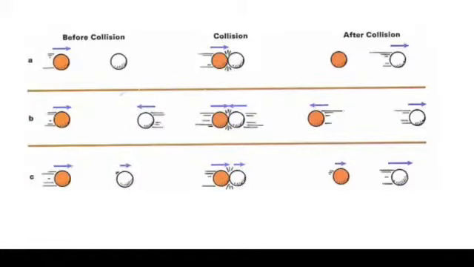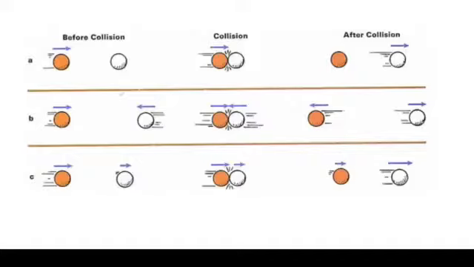In example B, we have a head-on collision with two objects of the same mass moving together at the same speed. So the total momentum before the collision is zero because the orange ball's positive momentum is equal to the white ball's negative momentum.